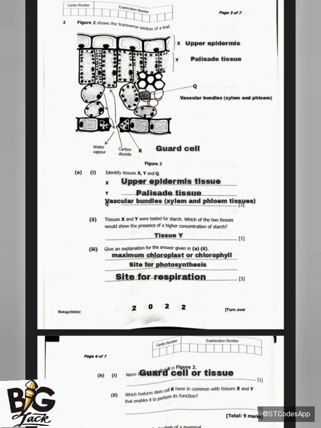Let me point at the chlorophyll. The chloroplasts are these. So here I'm going to say the presence of chloroplast or chlorophyll in both tissue X and Y. That was the last one for question 2.